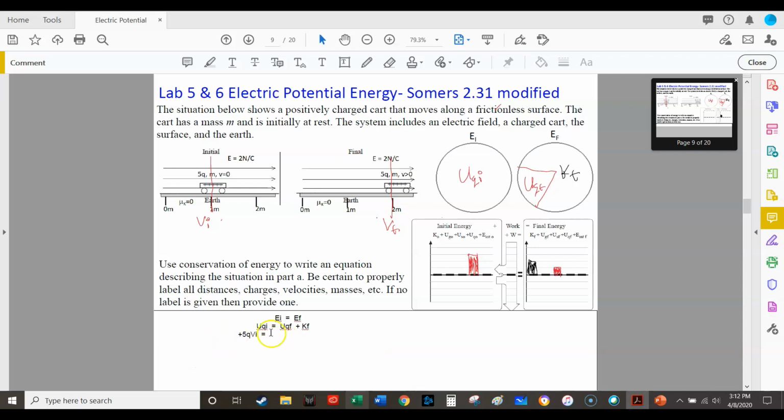Okay, and so that is the initial potential energy. Well, in the end, it's got a positive 5Q cart, and it's got initial potential working on it, or voltage working on it. The same 5Q cart has a final voltage working on it, and it is moving.